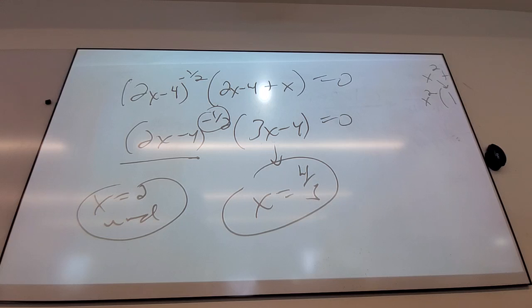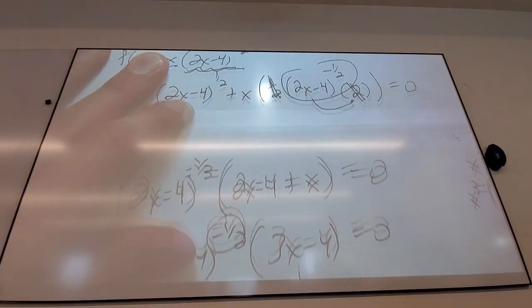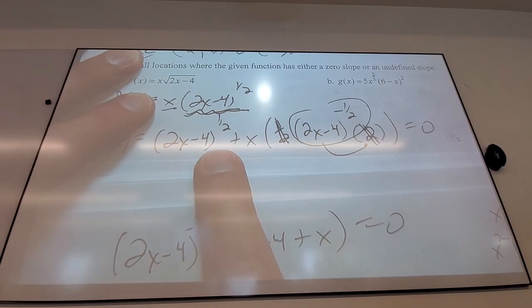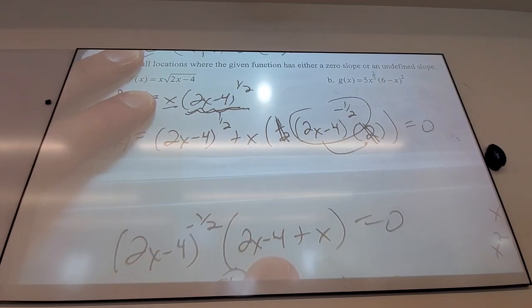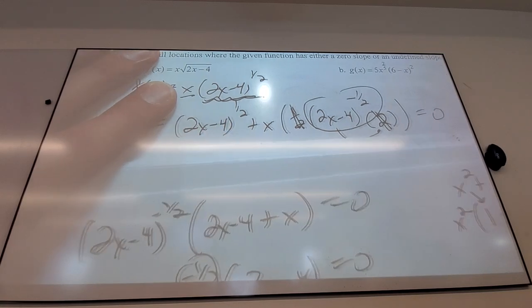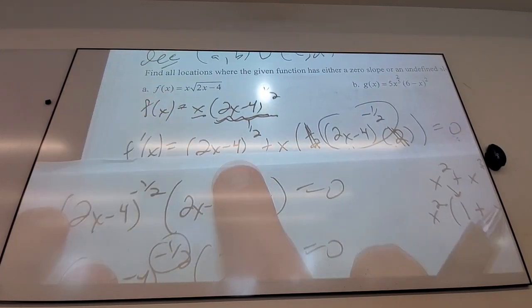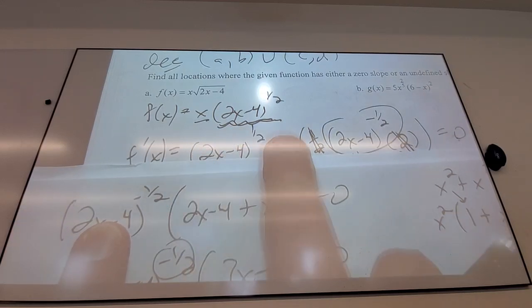When you took the negative 1/2 out of both of them, where's the rest of the 2? The rest of the 2? So this divided by this is a whole 2x minus 4. When I take this out, what's left here is this.